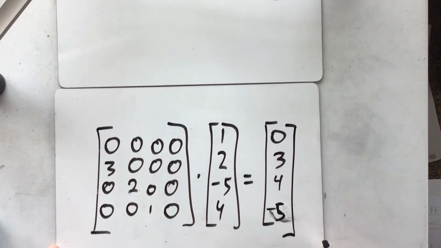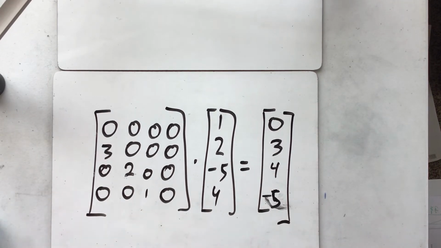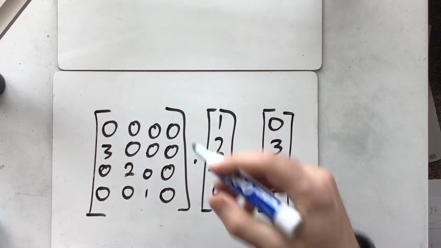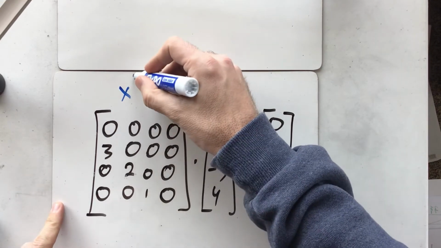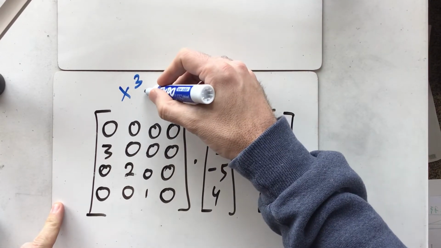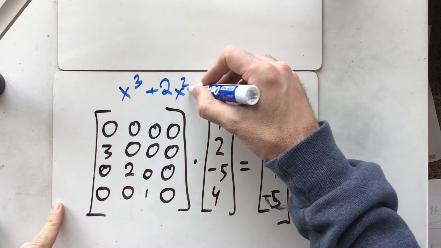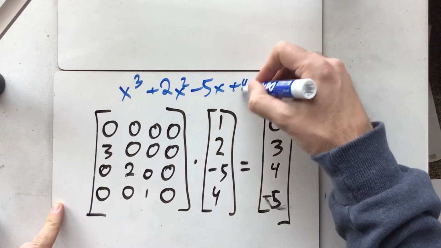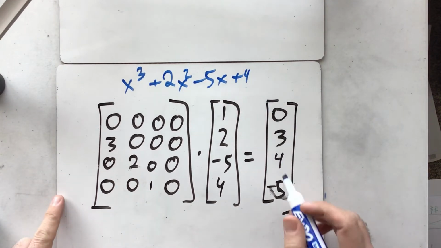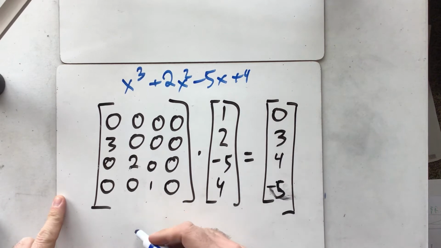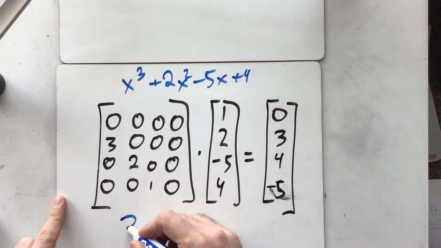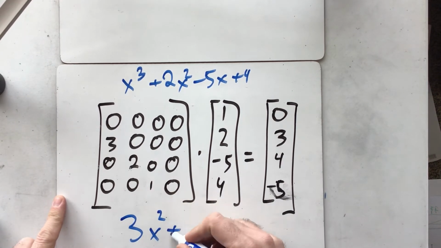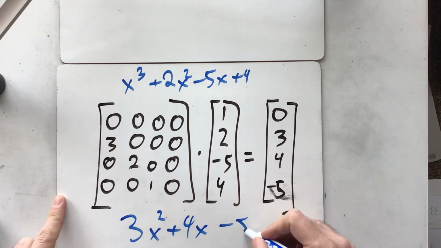This is an interesting matrix, because what did this matrix do? It took the polynomial x cubed plus 2x squared minus 5x plus 4, and it turned it into the polynomial 0x cubed plus 3x squared plus 4x minus 5.